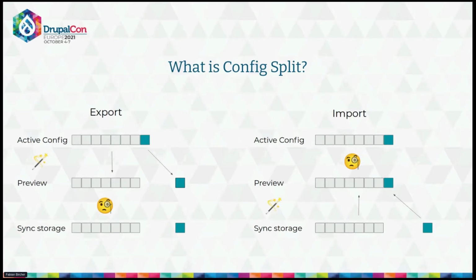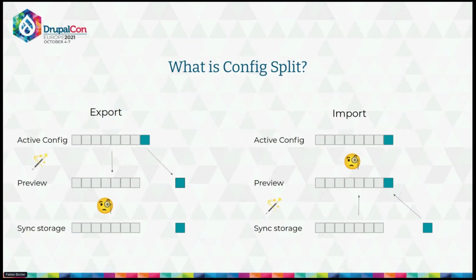When you preview the export in Drush, or you preview the import with Drush or the Drupal UI, you see the difference. On export, you see the difference between the export storage and the sync storage. And on import, you see the preview between the import storage and the active storage.